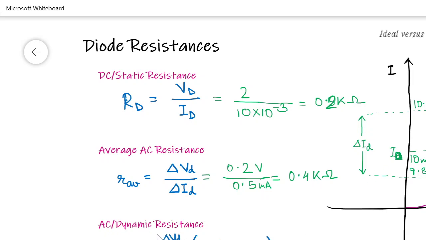But as you can see, this is basically a definition of the slope of the curve at this operating point. When we define this delta as very small changes, then we are basically talking about the slope of the curve.